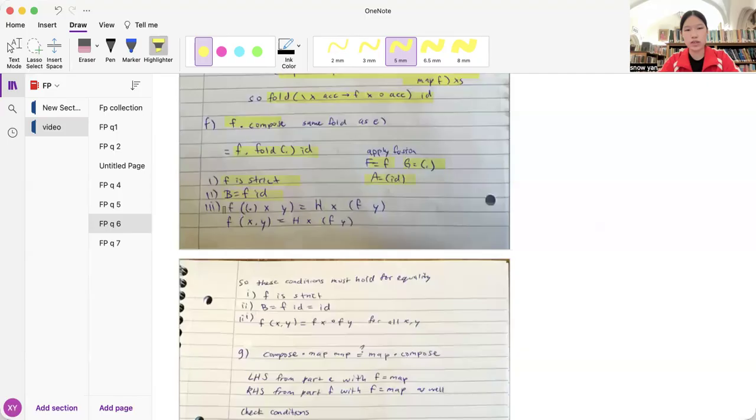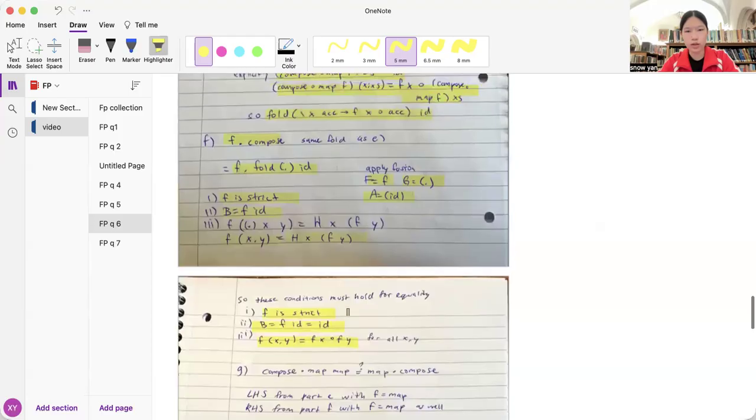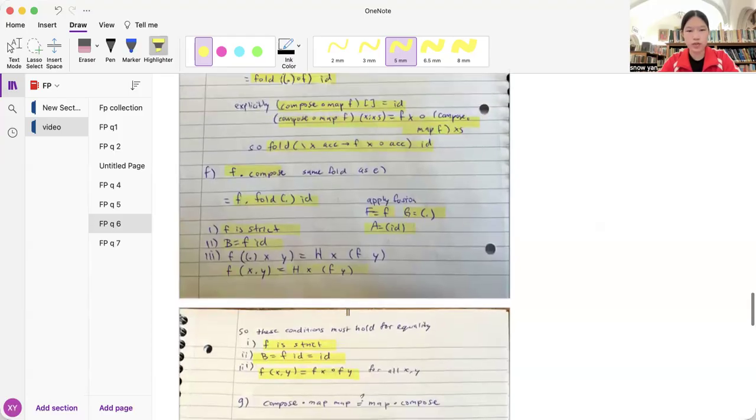And the third condition that makes it the same would be that F of GXY is equal to HX of FY. And then just showing that, okay, I compose this together and this has to be equal. So yeah, these would be the conditions: that F is strict, and then I'm just applying what the definitions for things are, right? B is equal to identity, and then finally F of XY is equal to FX composed of FY for all XY. So yeah, this is just using the fact that I already know these functions from before.